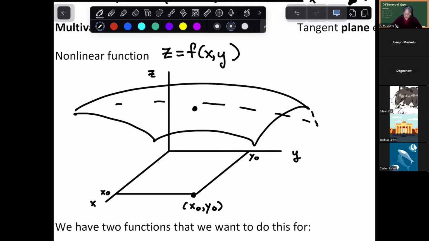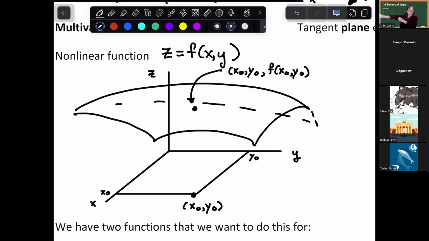That point is x naught, y naught, and then you plug it in, you get f of x naught, y naught. So that's the point.